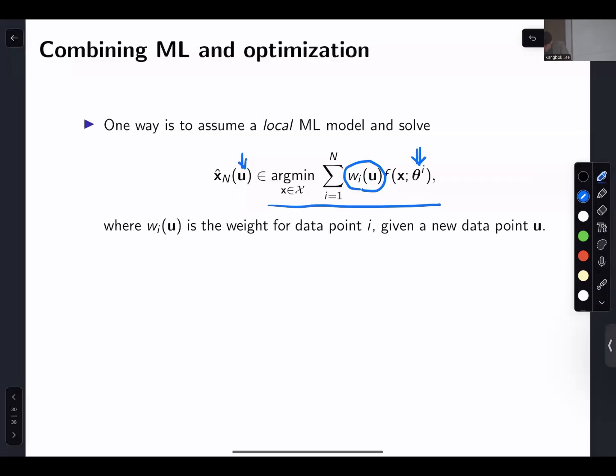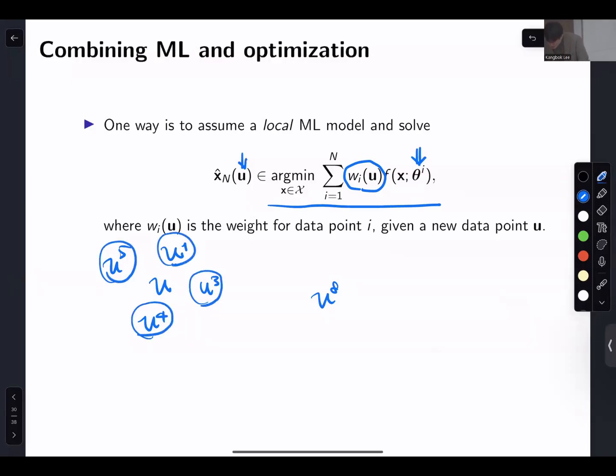Okay, so given U, use some kind of ML to find some nearby mu1, mu3, and mu4, and mu5, and like mu9 or 8 is a bit too far based on whatever your machine learning is saying. Now, what that means is you only take these guys, okay, and there's going to be the corresponding theta 1, theta 3, theta 4, and theta 5.